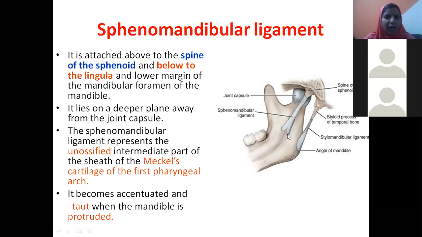Here you will have a tongue-like projection which is called the lingula. So it is attached to the margins of the lingula. It is attached above to the spine of the sphenoid bone and below to the lingula and to the lower margin of the mandibular foramen of the mandible. Okay, that much you remember.